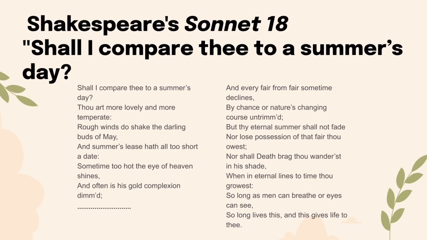Probably not. That's why he's saying that as long as this sonnet lives, this gives life to you, and my love for you lives on. It's brilliant, it's passionate, it's everything that you want in a sonnet. And it's 14 lines, it's strict, and it's a sonnet.